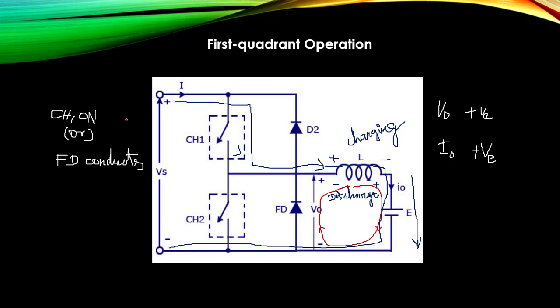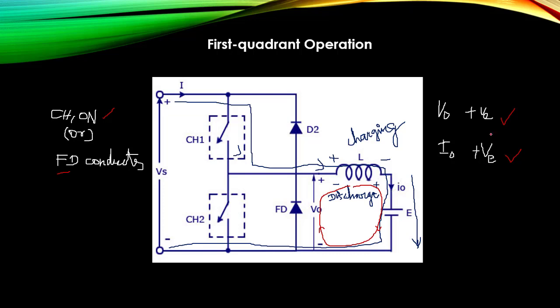When CH1 is on, V0, that is the output voltage, was positive and the output current was positive. When the freewheeling diode conducts, that is when the switch is off, this inductor will discharge. At that time, this freewheeling diode conducts. At that time, there is no output voltage, but the output current is positive.